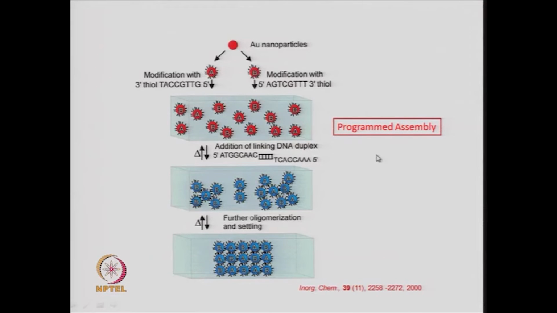So, this is called programmed assembly, because you have planned exactly how this should assemble by functionalizing with a very specific chain of bases and having another particle with another specific chain of bases. When you bring them together in the presence of this kind of DNA, you will have only a particular kind of arrangement, which will settle down to give you this kind of ordered structure. So, this is a programmed assembly.